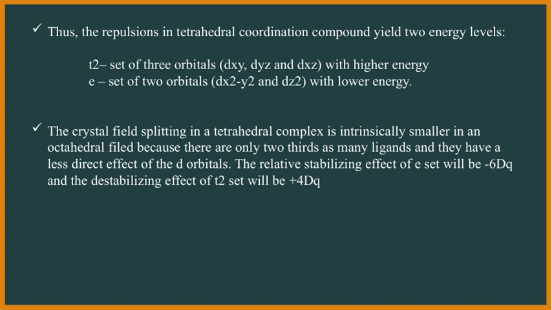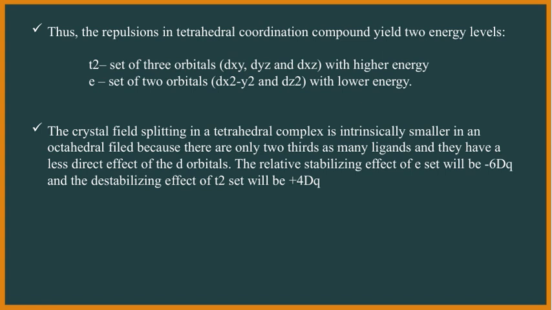Now, an important point to remember is that the crystal field splitting in a tetrahedral complex is intrinsically smaller compared to an octahedral field. This is because there are only about 2/3 as many ligands, and these ligands have a less direct effect on the d orbitals.